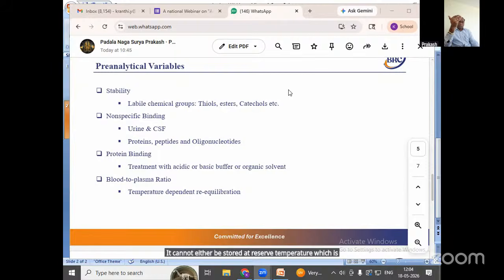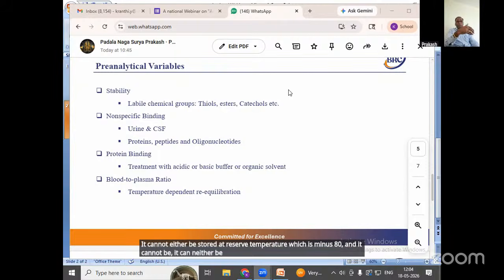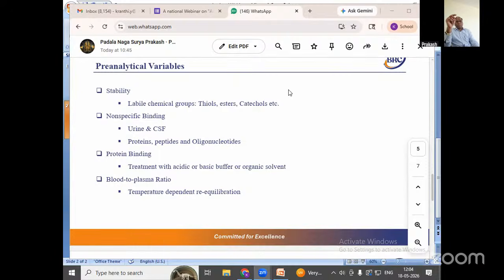The longer we store a whole blood sample which contains a molecule that exhibits this temperature dependent equilibration, it leads to false negatives, because the molecule will be gradually moving from the RBC to the plasma. So this is one other important aspect.